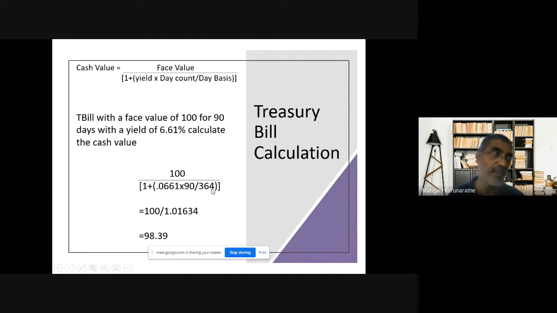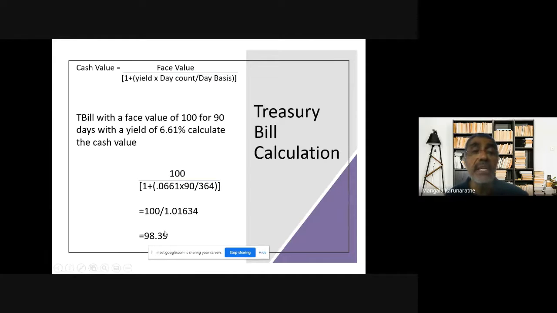That is annual, because we take 1 year as a 364-day basis in treasury bill calculation. So you multiply this by 90 and divide the whole thing by 364. Thereby you get 100 divided by 1.01634, so the answer is 98.39.